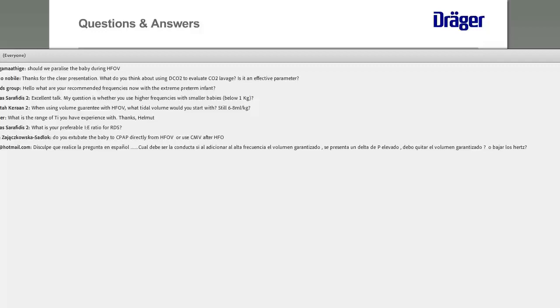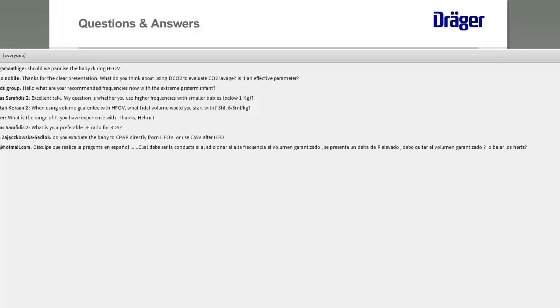Quantitative question: when you're using volume guarantee with HFOV, what tidal volume would you start with? Still 6 ml per kilogram? Okay, now remember that when we are using high frequency ventilation, by definition, the tidal volume that we are using is lower than the anatomical dead space.